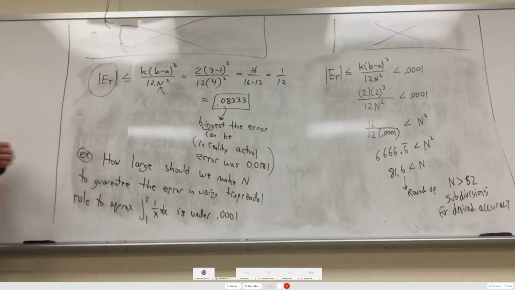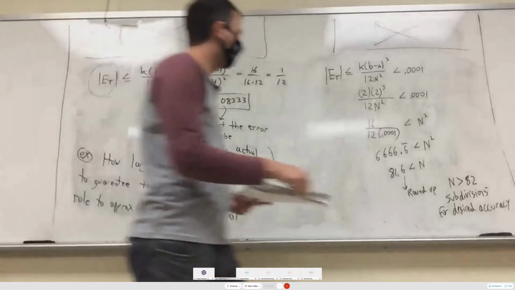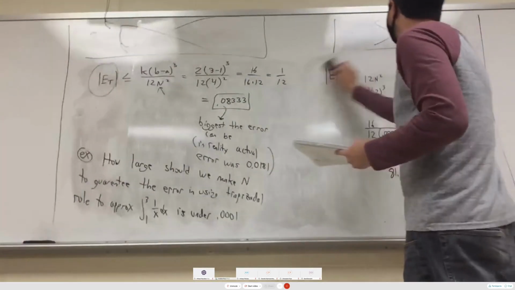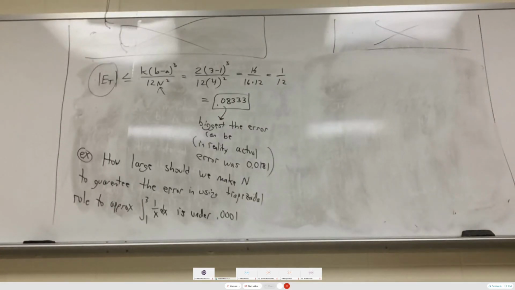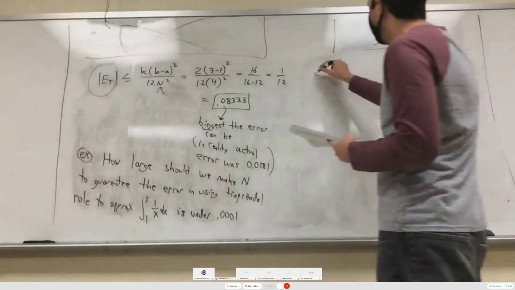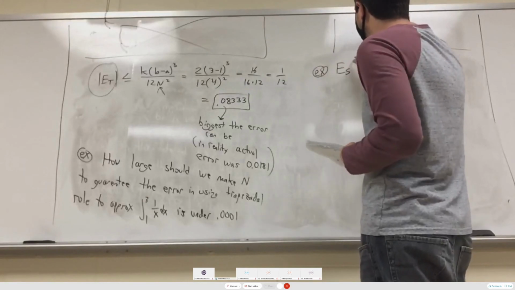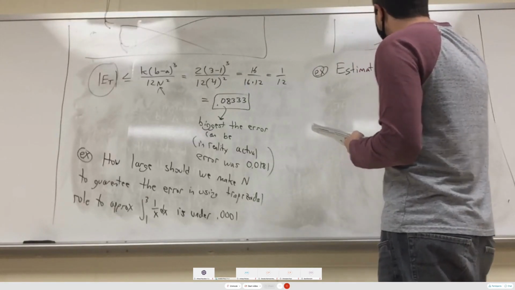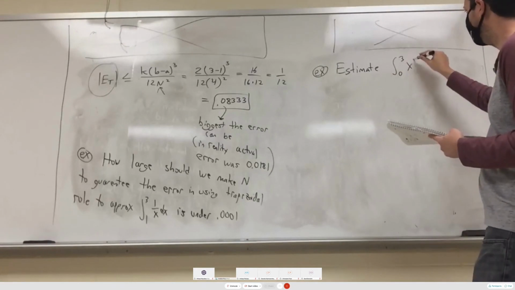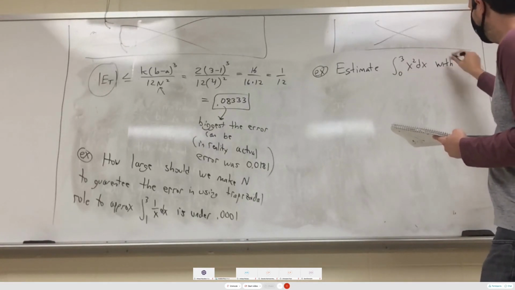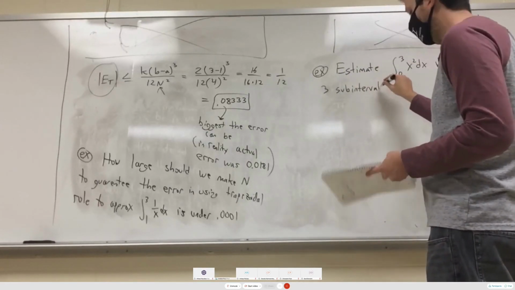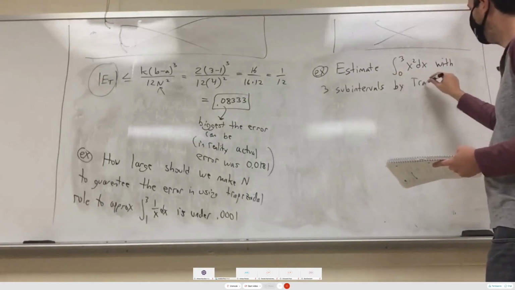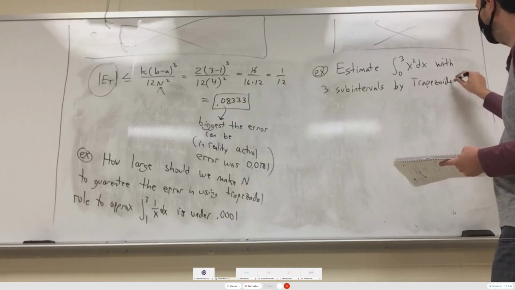All right, so I'm going to give you a question to do. I'll try to do a little more question of the day here and there every once in a while. The question for you is: A, estimate the integral from 0 to 3 of x squared dx with just 3 subintervals, so n is 3, using the trapezoidal rule.